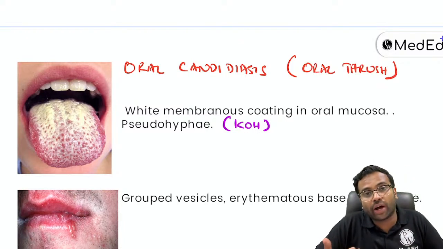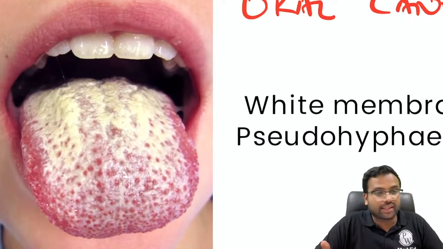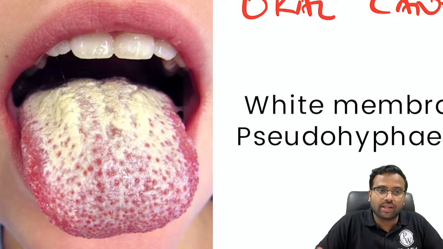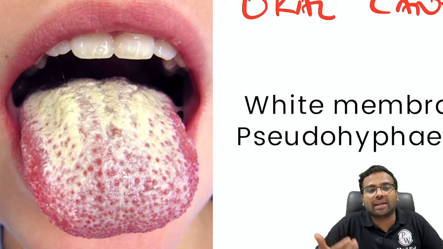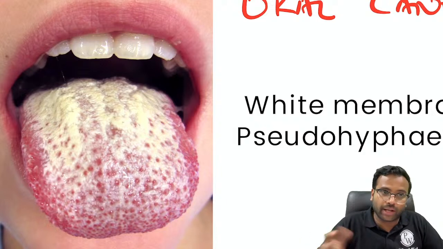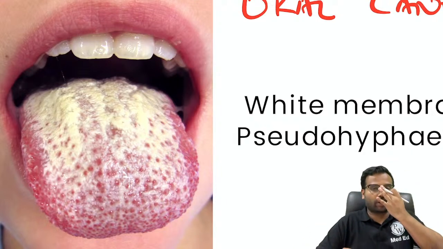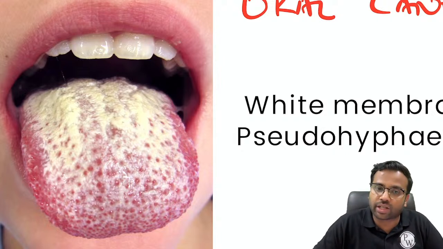You see pseudo hyphae in candidiasis, usually caused by Candida albicans. And this is the image of how it looks. When we use any antifungal mouth paint, let's say clotrimazole mouth paint, once the patient applies it, this fungus will disappear, because we use an antifungal agent here.